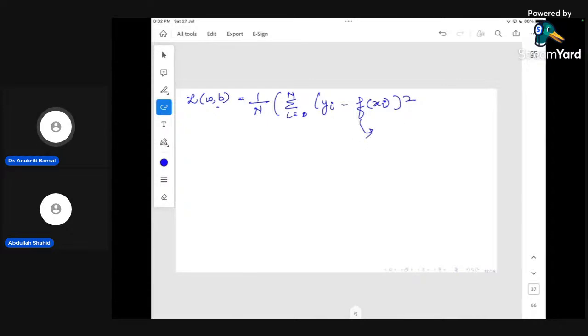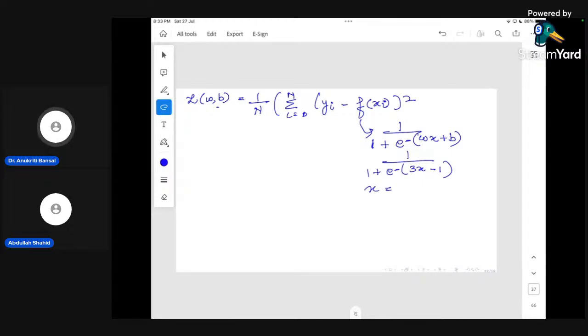So this approximation function is 1 plus e raised to the power minus (wx plus b). If I substitute these values, it will be 1 plus e raised to the power minus (3x minus 1). Okay. Now substitute the value of x.